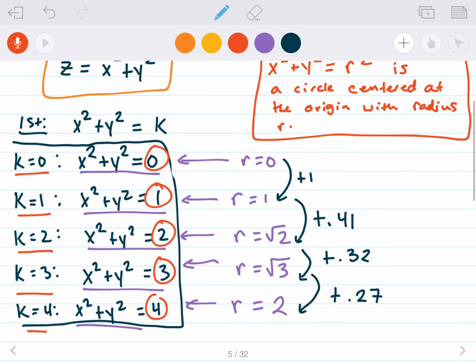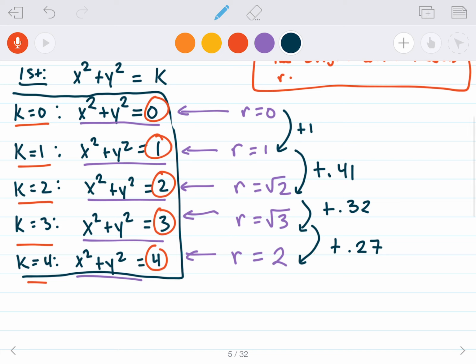Let's write that down. The radii are getting closer and closer to each other as we move up along the z-axis.